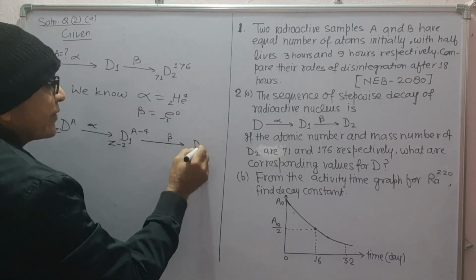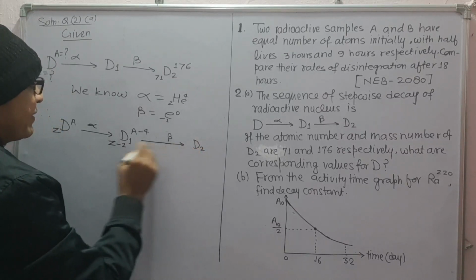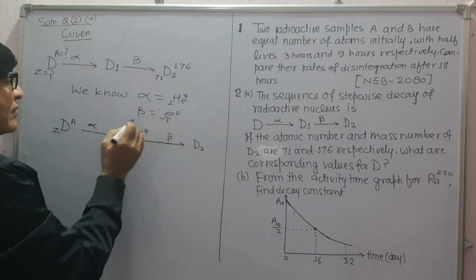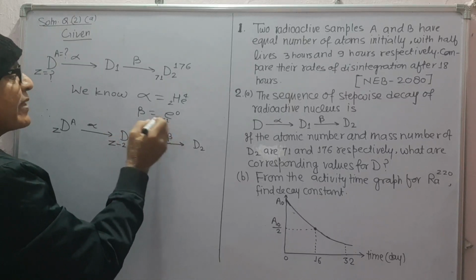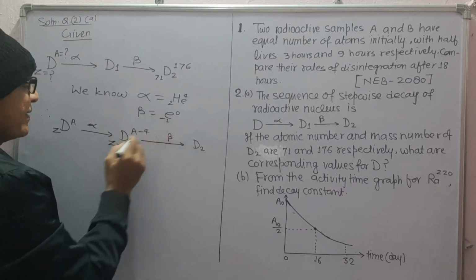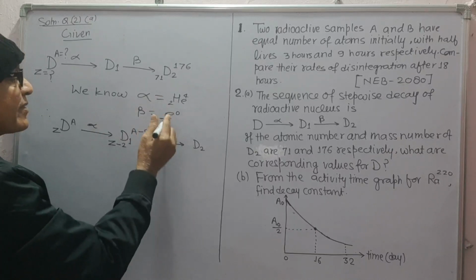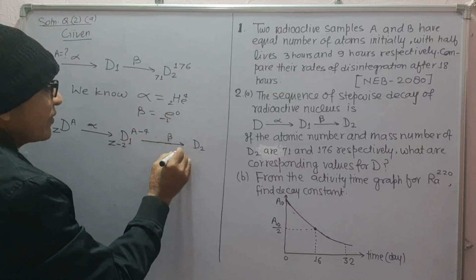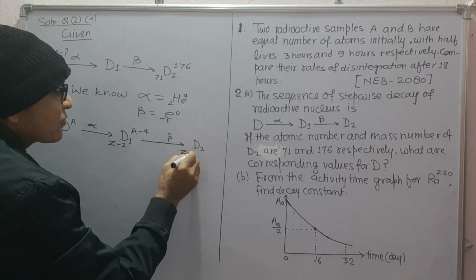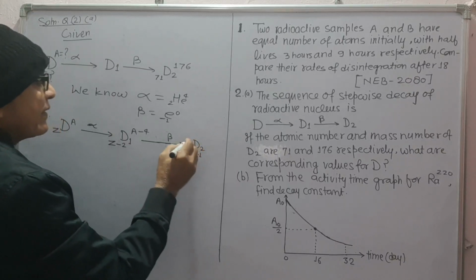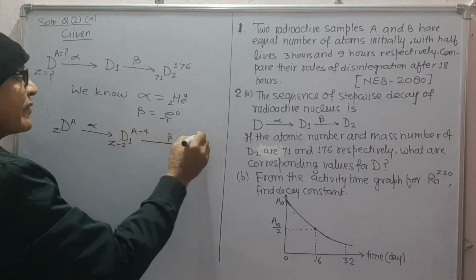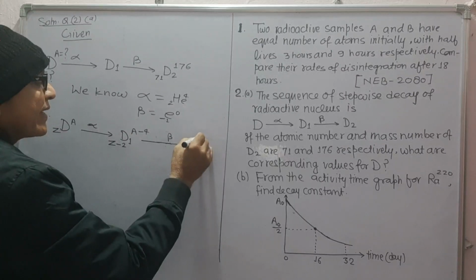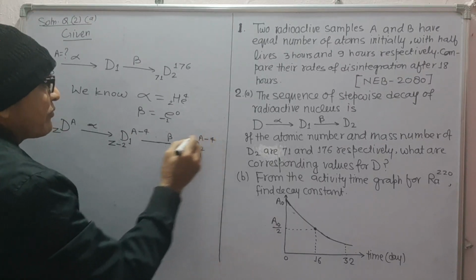we get D2. Here when D1 emits a beta particle, that is electron, its atomic number increases by 1, so it will be Z minus 2 plus 1 and mass number will remain unchanged, means A minus 4.